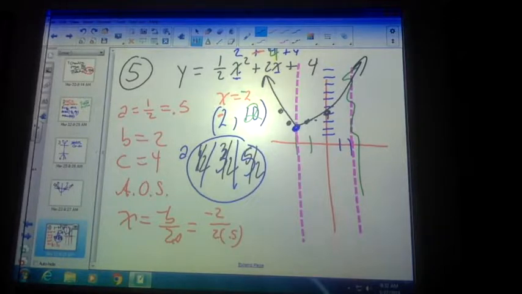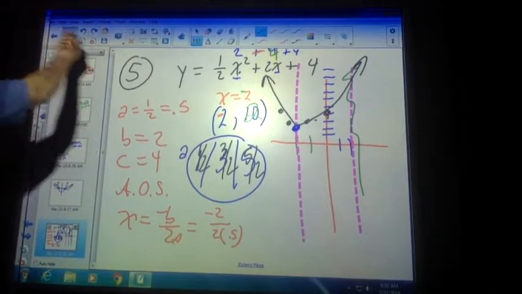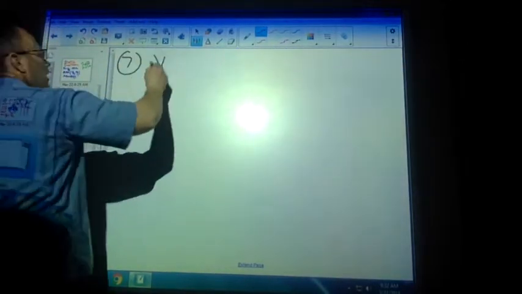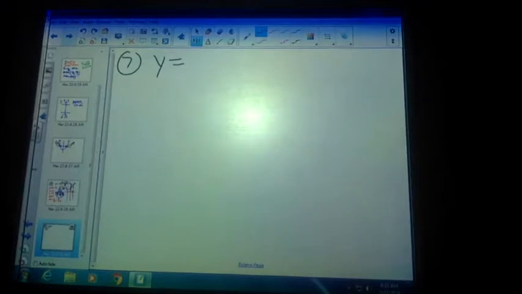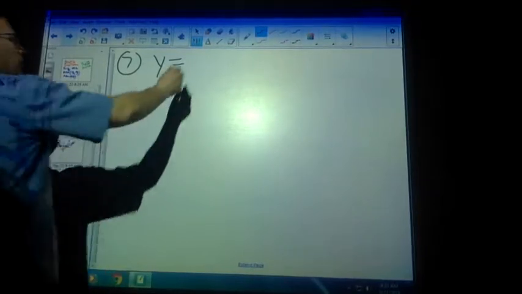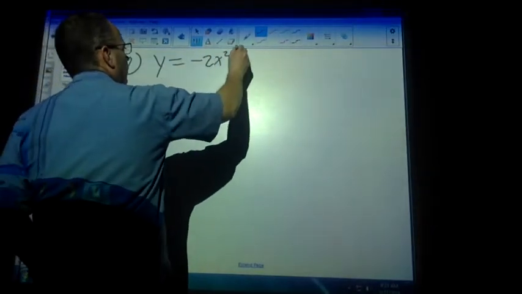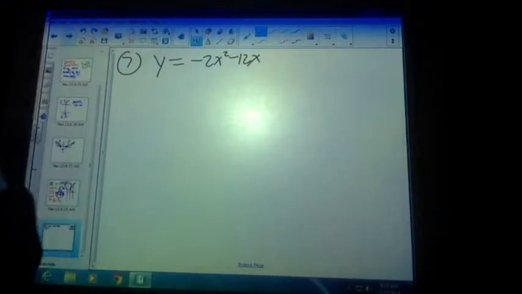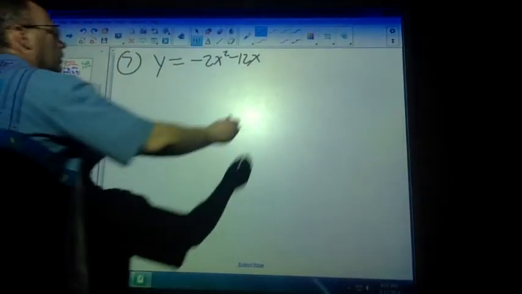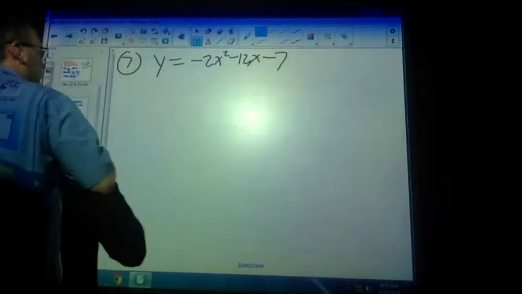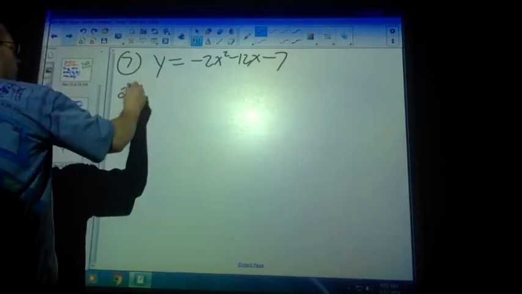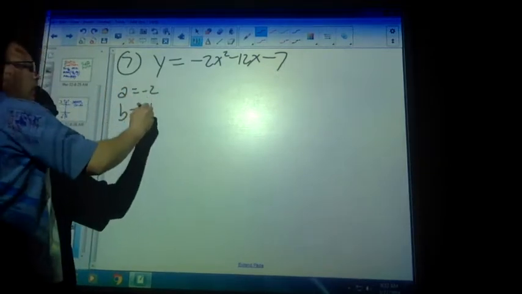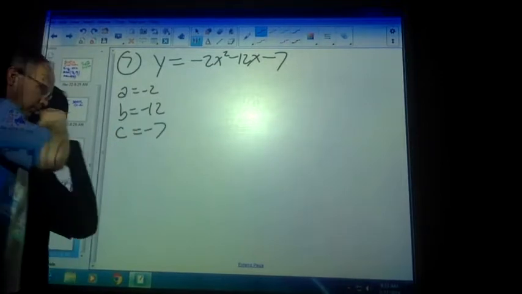Question number 7? Okay. Number 7 says y equals negative 2x squared minus 12x, plus, minus 7? Okay. So my a value is negative 2, my b value is negative 12, c value is negative 7.